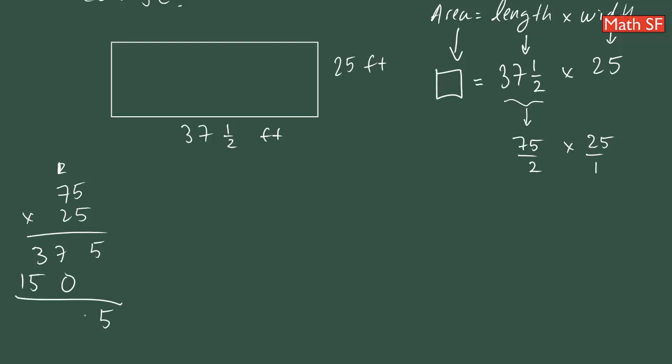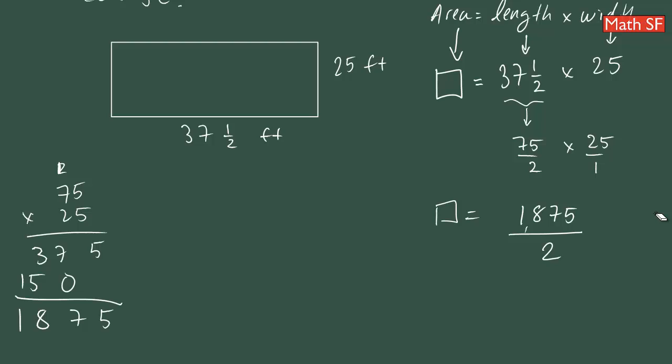We add them: 5, 7, 8, and 1. Alright, so that's what we have on top. In the denominator, we will have 2 times 1, which is 2. Therefore, the area is equal to 1,875 halves.